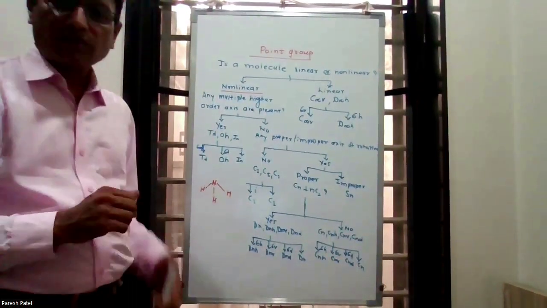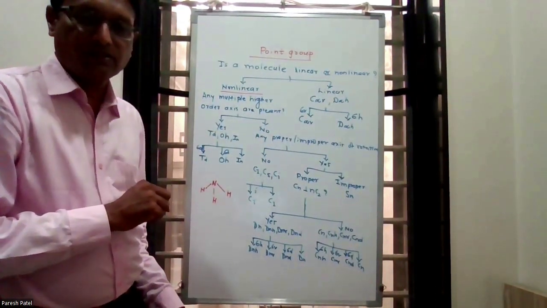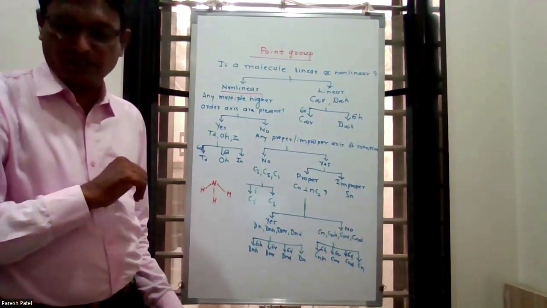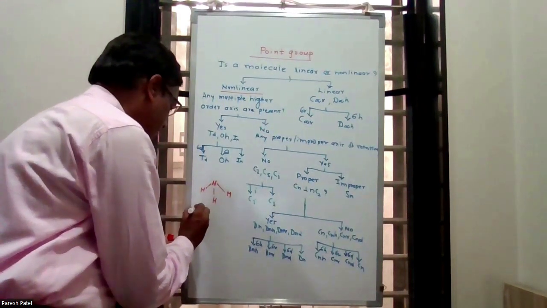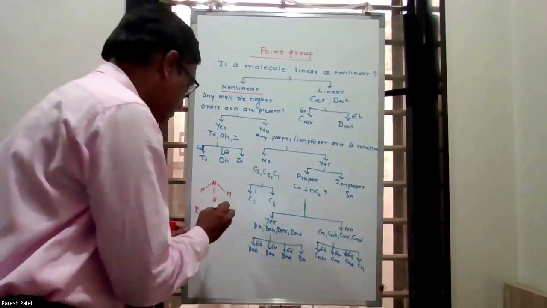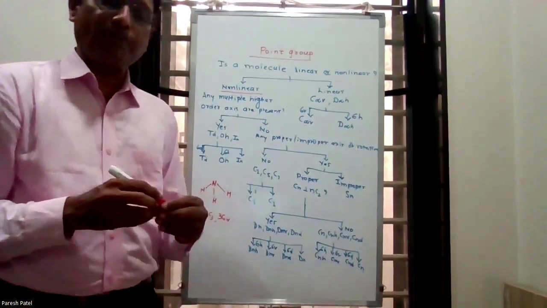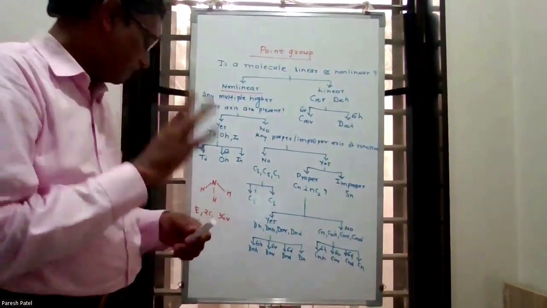We know that the shape of the ammonia molecule is pyramidal. This molecule consists of 2C3, that is C3 plus and C3 minus, and 3 sigma v. All the three planes are vertical planes, and all are sigma v.